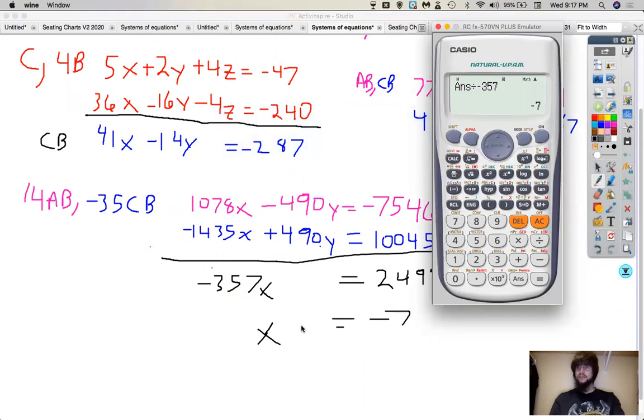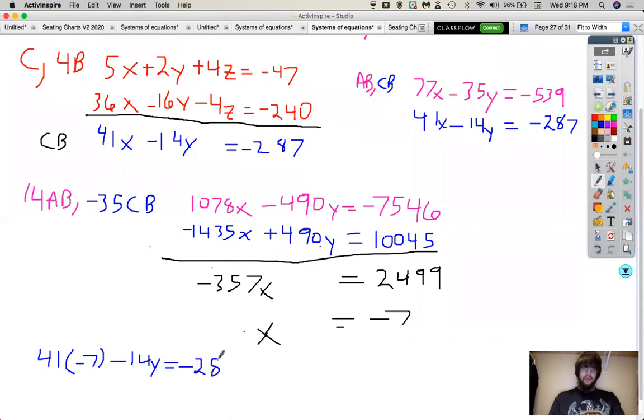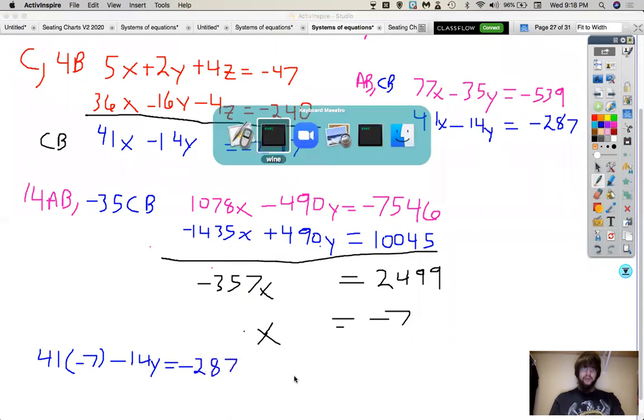So we got X. And then we go back, find out what Y is. The blue one's got smaller numbers, I'm gonna use that. 41 times negative 7 minus 14y equals negative 287. And I solved the last one by hand, so I'll do this one.